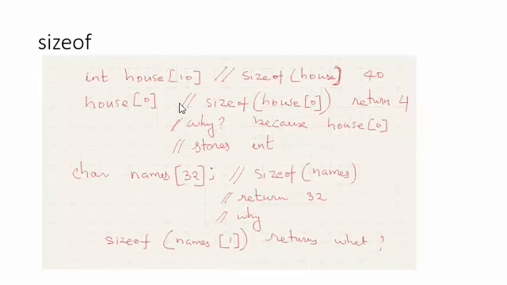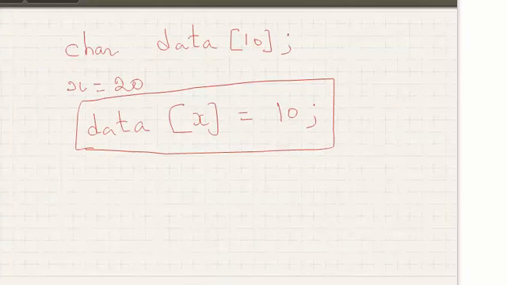We talked about sizeof: house is 40 if it is integer, since you have 10 elements, 4 times 10 is 40. For house at offset 0, the first element, sizeof returns 4. Well, we know that.